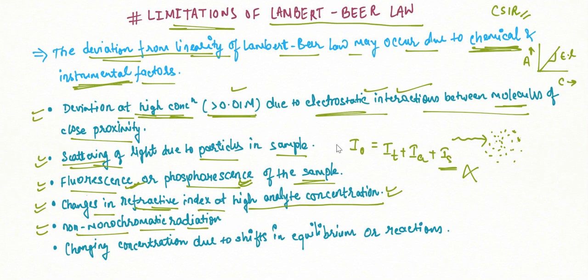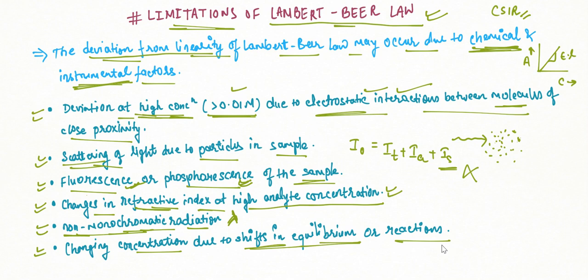Whenever we are studying the Lambert Beer law, we must use monochromatic radiation, because monochromatic radiation is a particular wavelength. So if we are not using monochromatic radiation, then what is going to happen? The Lambert Beer law will not be followed, or the graph will not be linear as we wish it to be. Then changing the concentration due to shifts in equilibrium or reaction.